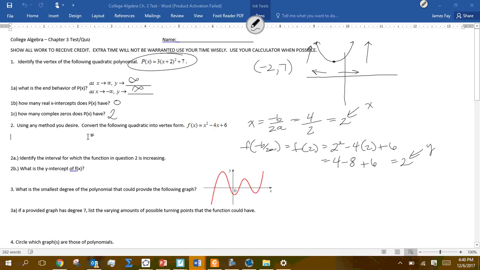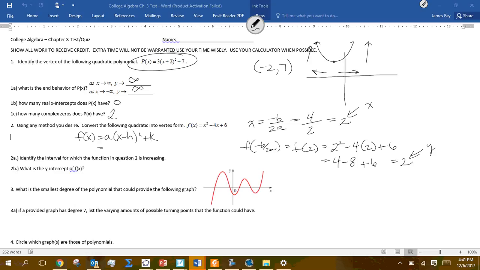So remember, any quadratic in vertex form is of the nature f of x equals a times (x minus h) squared plus k, where the h is the x value that we've moved left or right.